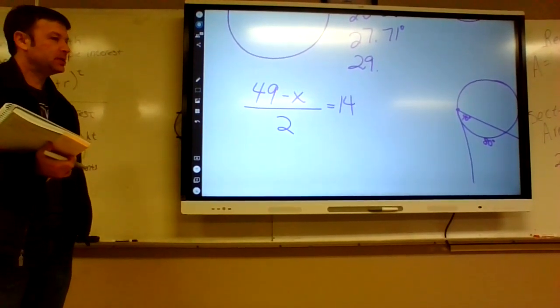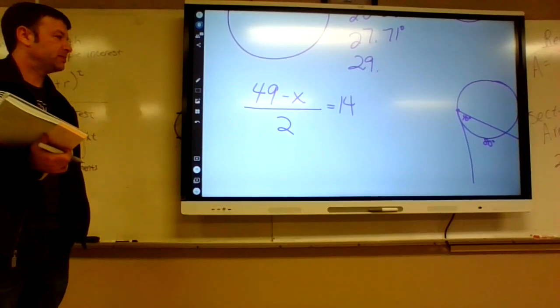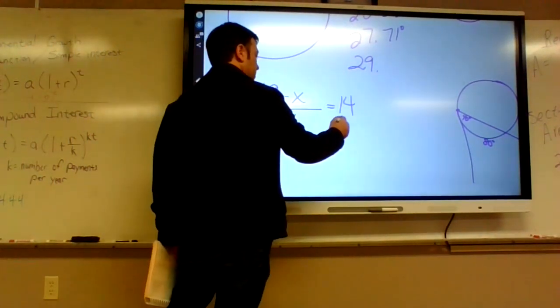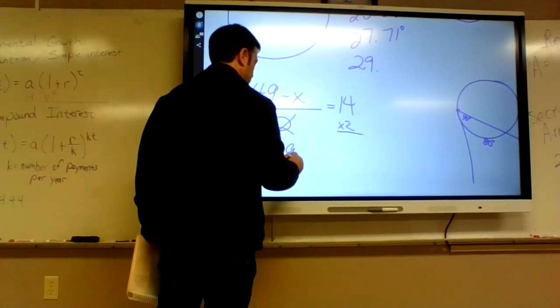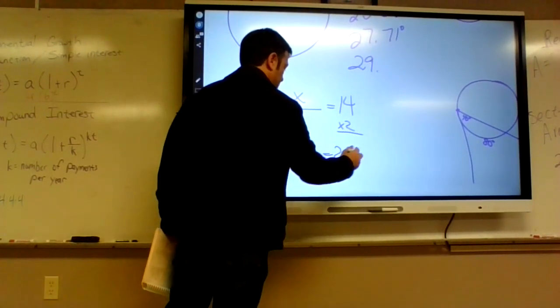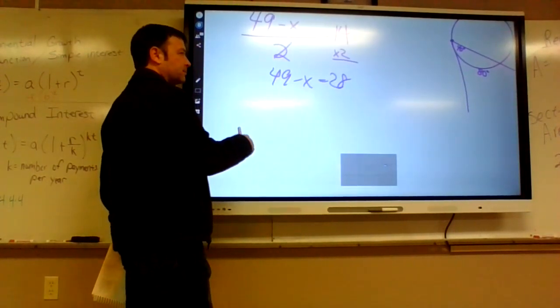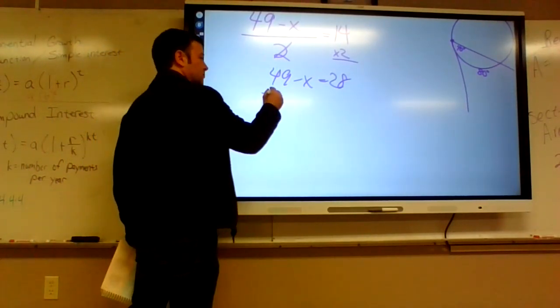Alright. Now, algebra skills. Multiply by 2. Multiply by 2. So, plus 28. Now what? Minus 49 to 29.